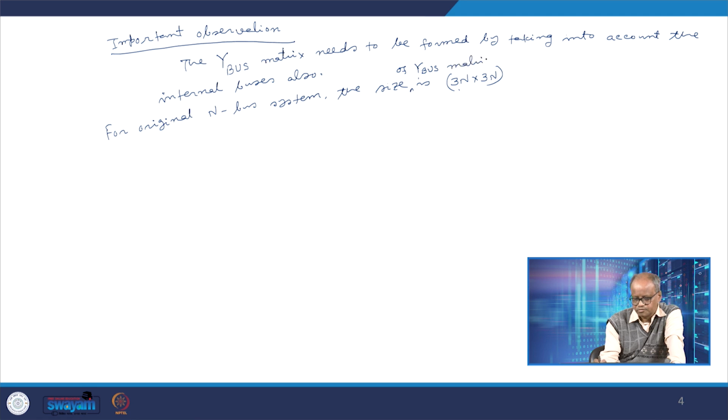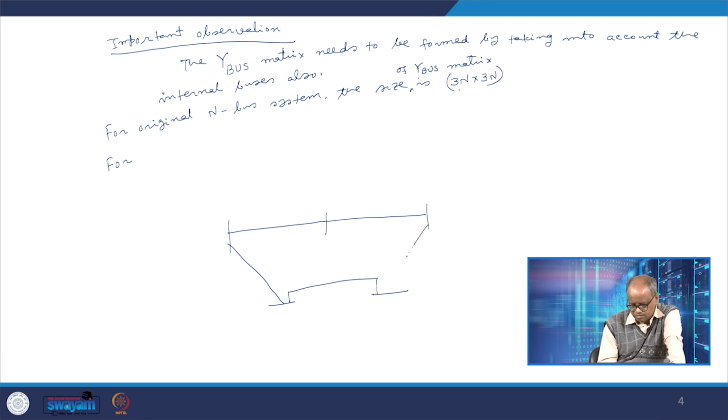But for the augmented system, here we said that my original system which we have considered is this: bus 1, bus 2, bus 3, then bus 4, bus 5. So for this system when we form the Y bus matrix, this is basically 15 cross 15.